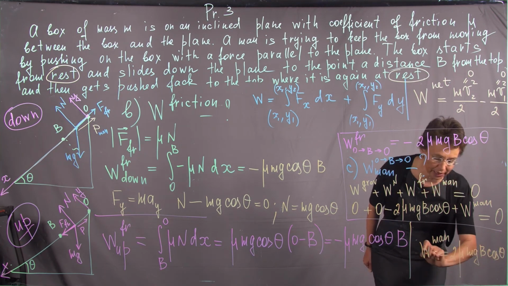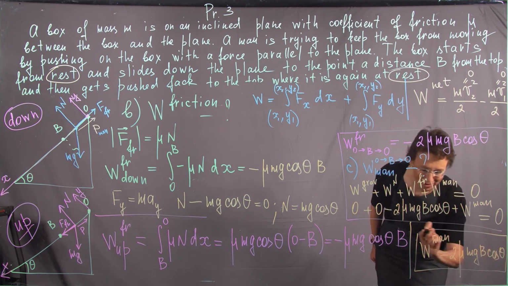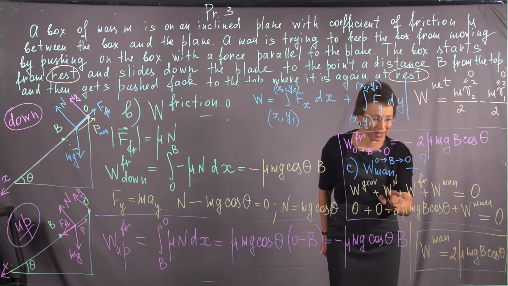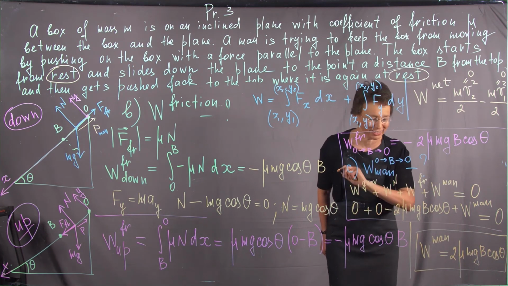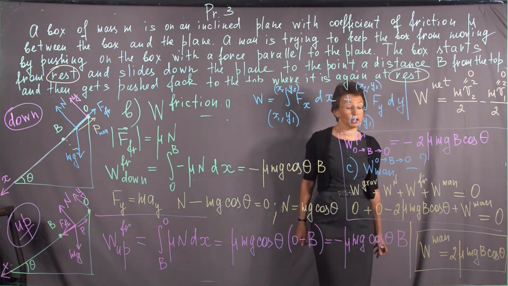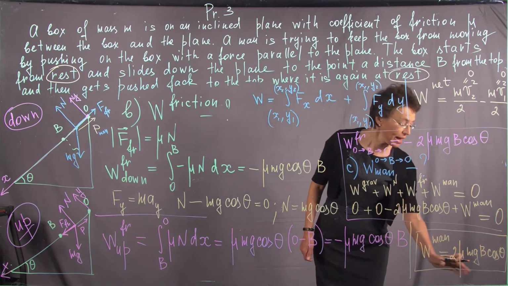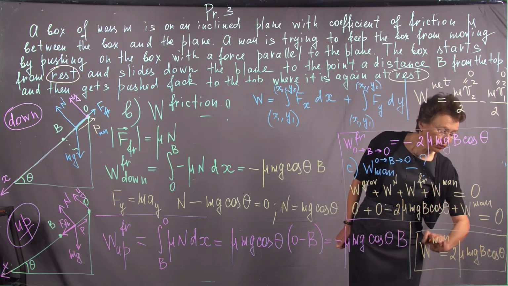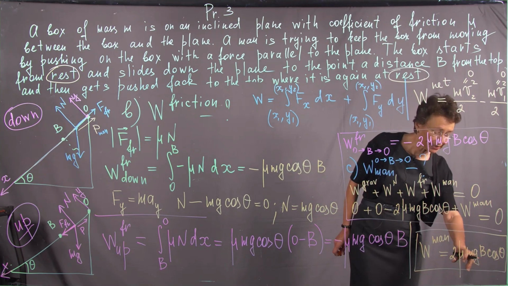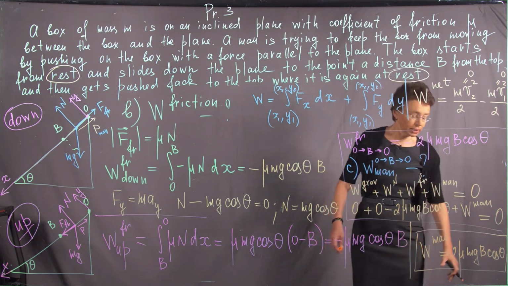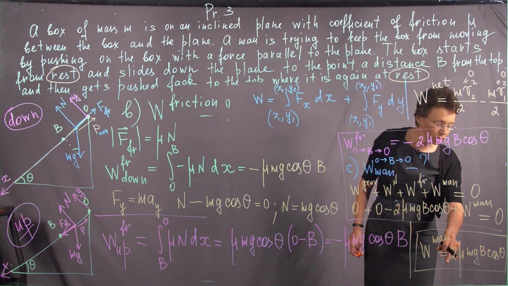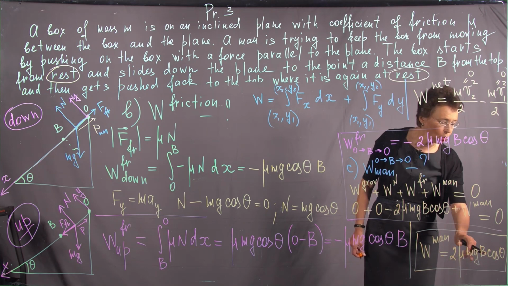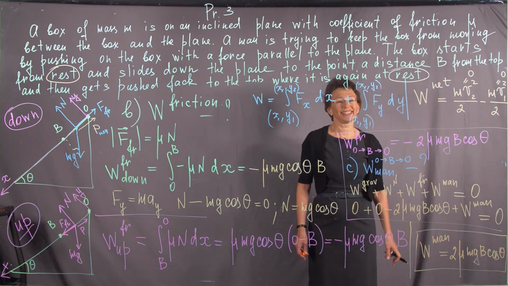It will be equal to the negative of work done by friction, because all others, gravity and normal force, give you 0. We solved the problem. Work done by the man is equal to this expression, and everything on the right are given numbers. We know mass, we know mu, we know b, and we know theta. Problem solved.